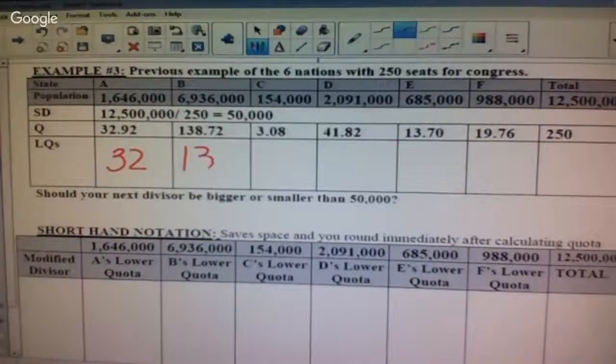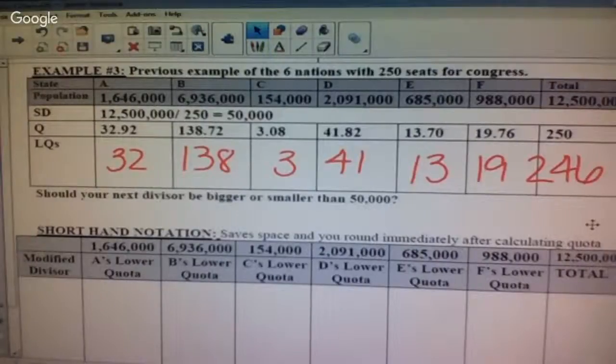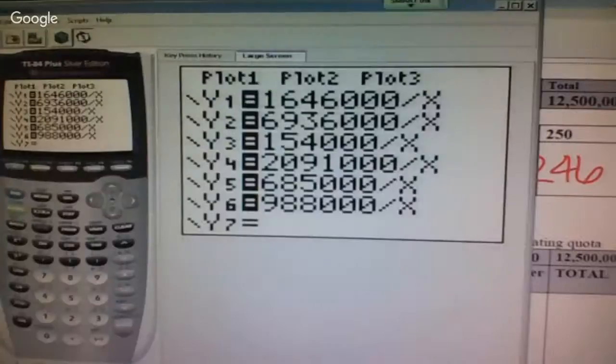So 32, 138, 3, 41, 13, and 19. So we're at 246. Everybody got these entered in?